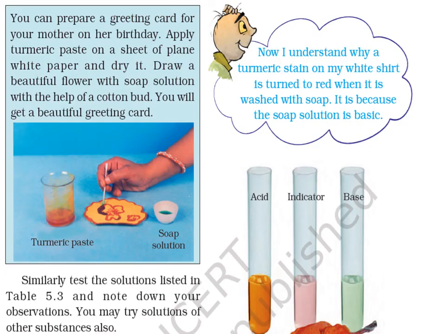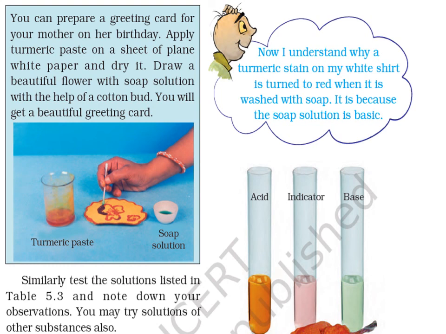Here on this page we can see one activity of making a greeting card by using turmeric indicator paste spread on white paper. We know the property of turmeric indicator that it changes the color of the paste into dark red brown color.